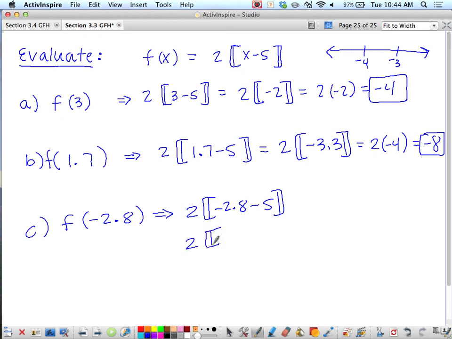Agreed? So I want the greatest integer less than or equal to -7.8. So it's either going to be -7 or -8. Which one's smaller? -8. So it's going to go to the one that's smaller. So that's really going to be 2 times -8, which is -16. And that wraps up section 3.3.